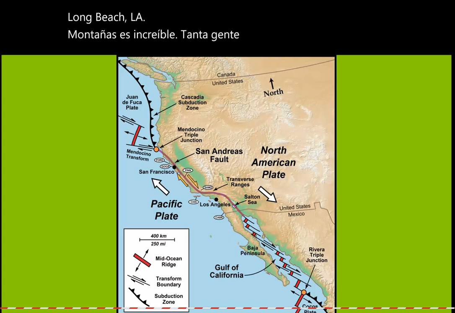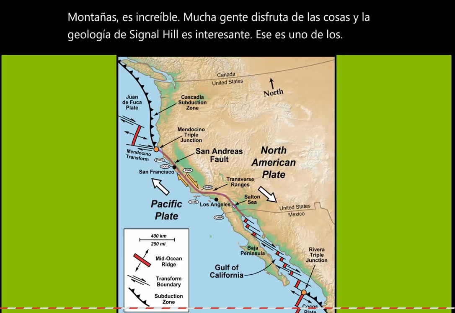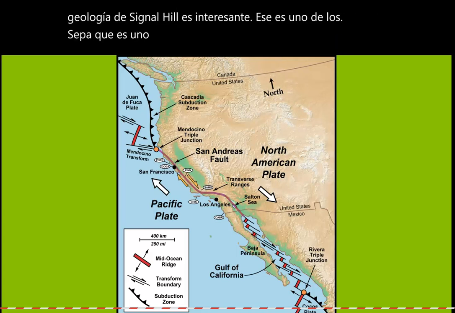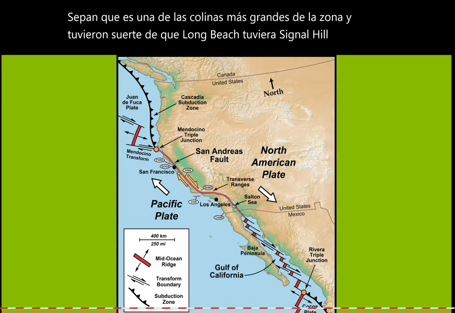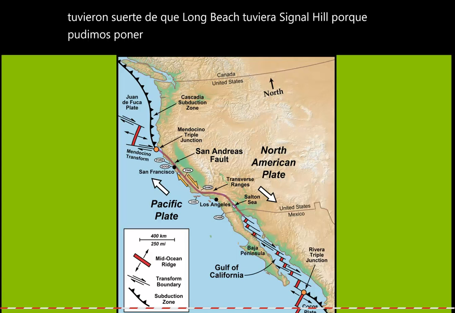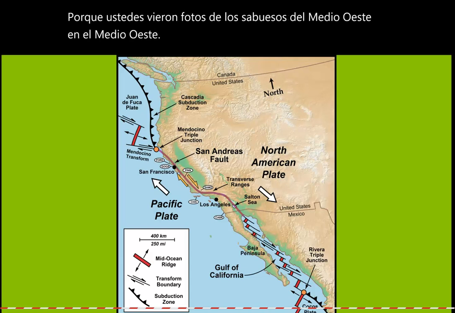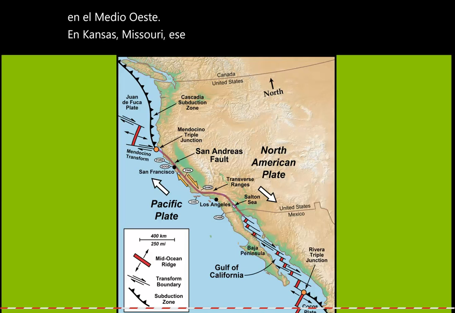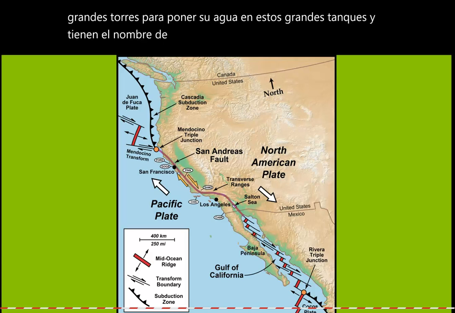And the geology of Signal Hill is interesting. That's one of the biggest hills in the area, and it was lucky for Long Beach to have Signal Hill because we were able to put our water tank up there. You guys seen pictures of towns in the Midwest, like in Kansas, Missouri? They have to build big towers to put their water up in these big tanks, and they usually have their town name on them. That's because there's no hills to put anything.